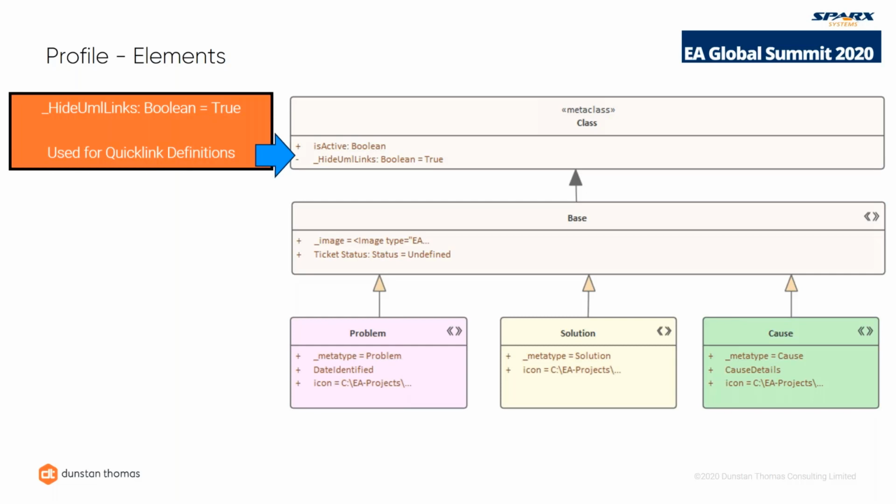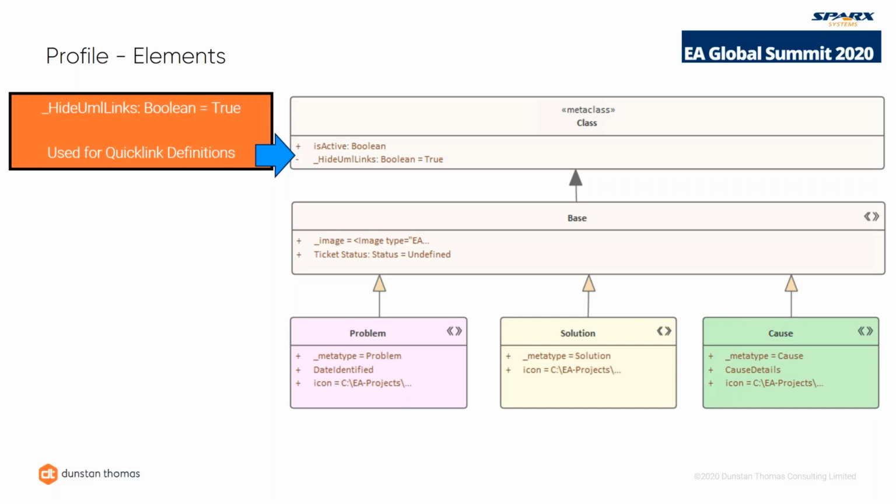So I'm basing my elements on class, the meta class, which is standard UML class. You'll notice there is an attribute here called underscore hide UML links of type Boolean, which is assigned true. This allows you to control precisely the quick link.